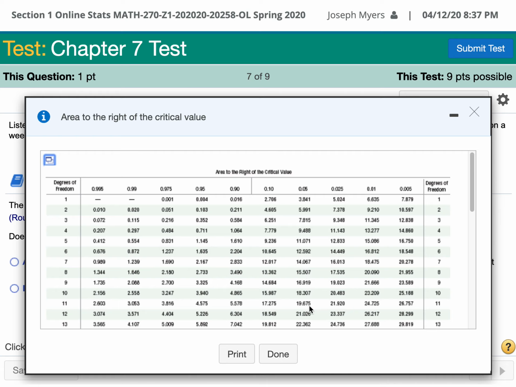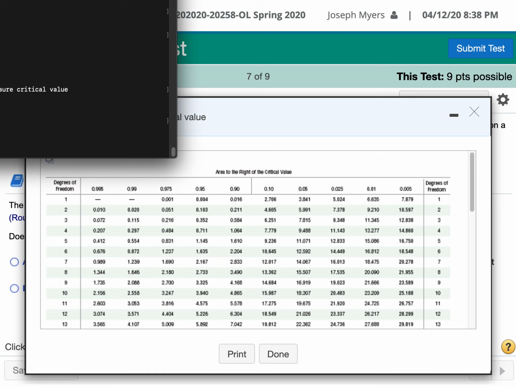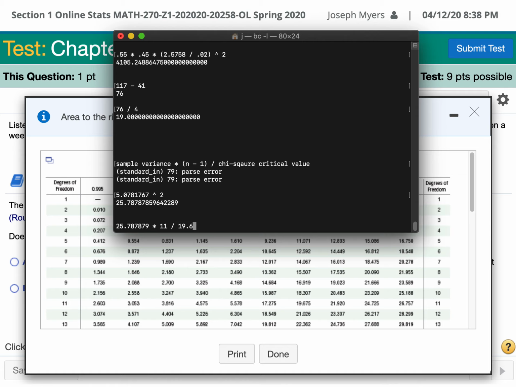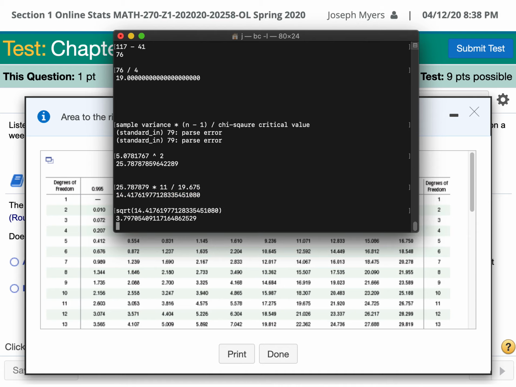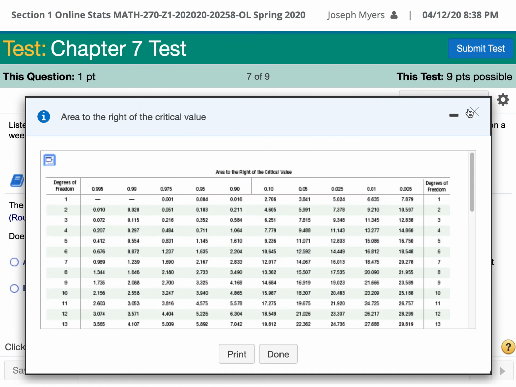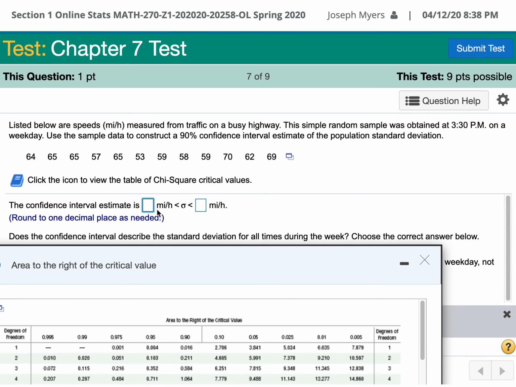That number is 19.675. So then I'll divide by 19.675, and that number is the estimate of the variance. I'm going to take the square root of that number to get the standard deviation. So that's one of the standard deviation values. That goes right there. Round it off to 1 decimal point, it'd be 0.8.